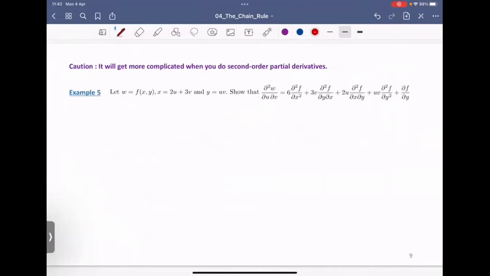So when you do the chain rule, things can get complicated by doing the second order partial derivative. I'm gonna show you this question. This is the final exam question from last year, like the BBTECH last year. I put this one on the final exam, and I think about 70% did pretty well on this question, if I remember it right.